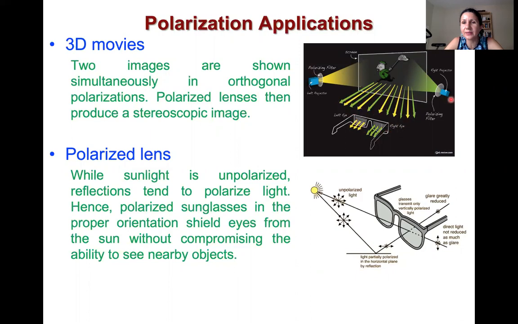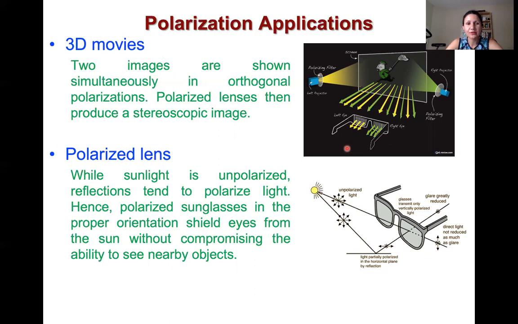So if one projector gives you this polarization in the green direction, you're seeing that movie through the right eye, and you're seeing the movie given by the other projector through the left eye, and this is what gives you that 3D perception. You can play with that with your eyes: close one eye and then the other, and look at an object. When you open both of them, it's this combination that gives you the ability to see things well in 3D.